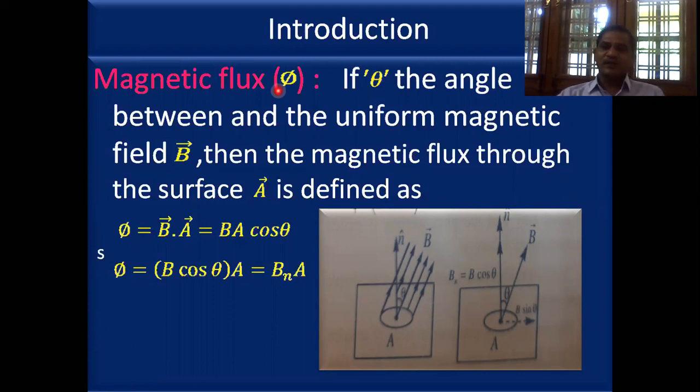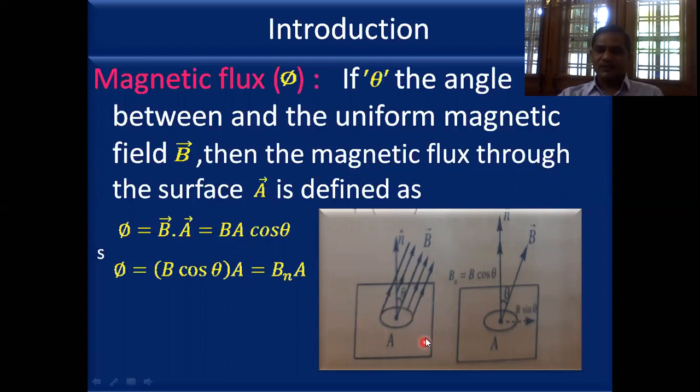So in the figure, if theta is the angle between uniform magnetic field and the normal drawn to the small area A, then the flux through this small area element is given by phi equal to the dot product of magnetic induction field strength and area vector, B bar dot A bar, that equals BA cos theta.